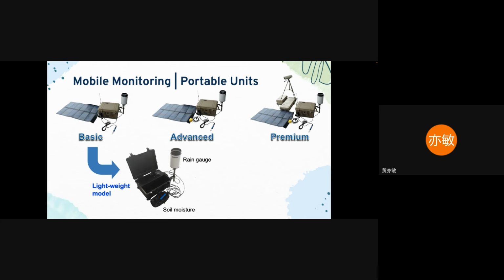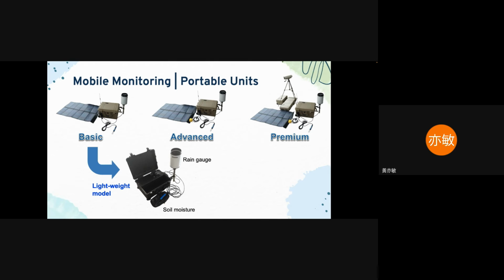We have 3 different types: the basic type, advanced, and the premium type. The difference is, if you want a 360 camera to capture the on-site image, you need to carry the 360 cameras. But usually we only need the rain gauge and the geophone on site.